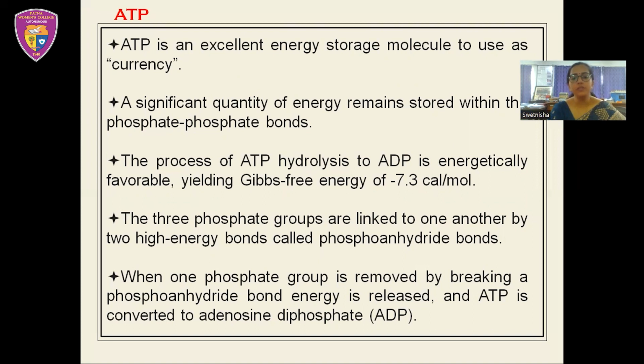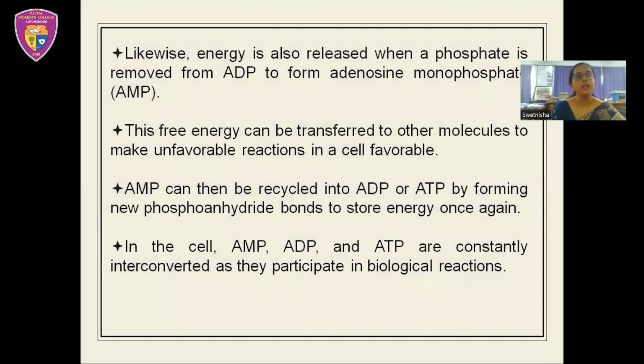Now, when the first phosphate group is removed by breaking a phosphoanhydride bond, it results in the conversion of ATP to ADP. And similarly, when the phosphoanhydride bond in ADP is broken, it results in the formation of AMP. But this free energy can then be transferred to different molecules wherever they require a certain amount of energy.